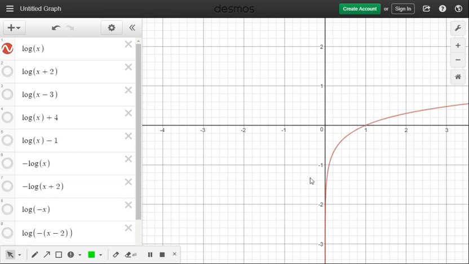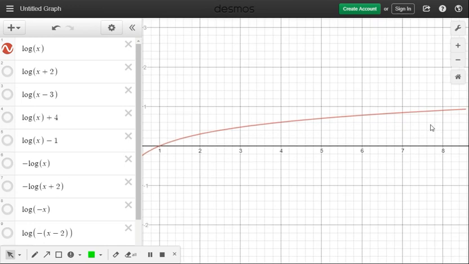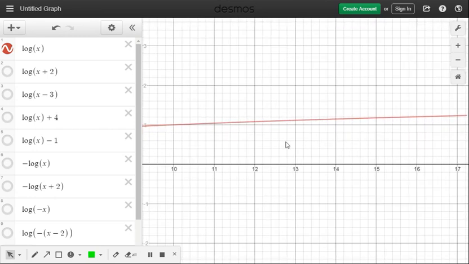So this is basically the left side, bottom half of the graph. Now, if we were to focus on the right, upper side of the graph, you can see that the graph is increasing its y value, going up, but at a slower rate.